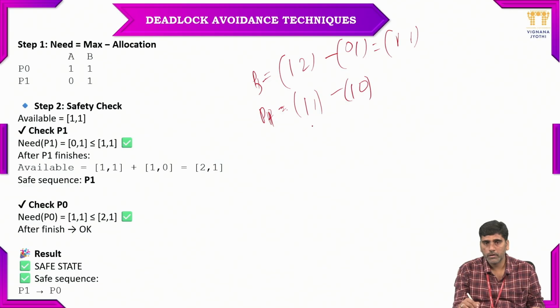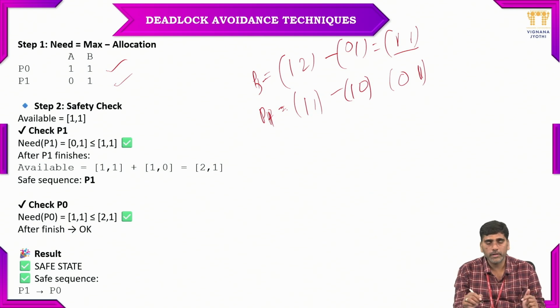And for P1, 1 minus 1 is 0 and 1 minus 0 is 1. So these values, 1, 1 and 0, 1, are the need matrix: P0 requires 1, 1 more instances and P1 requires 0, 1 instances.